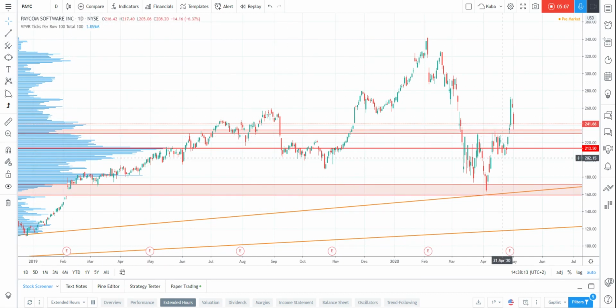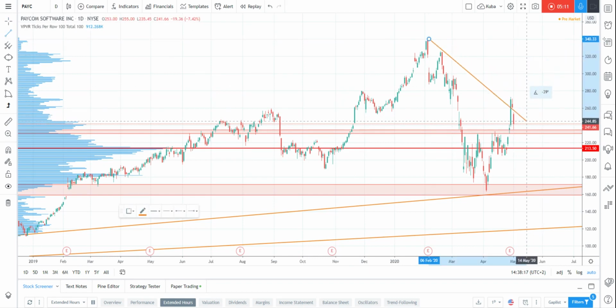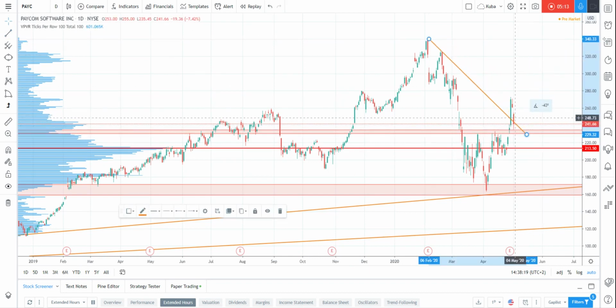So what's another interesting thing? Look, we broke this minor trend line, and if we see the first green bar, it confirms the rejection of lower prices. It confirms the pullback or retracement from this trend line.